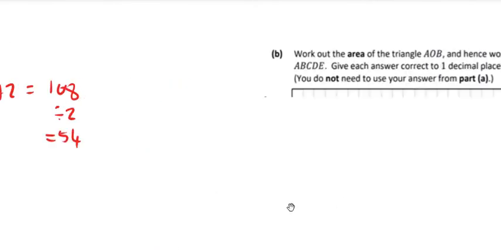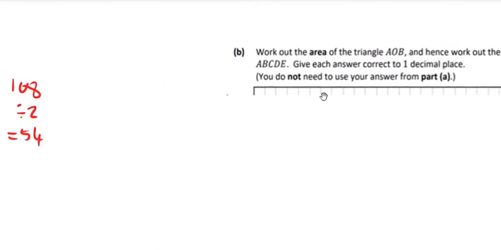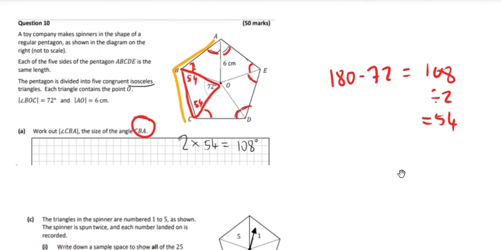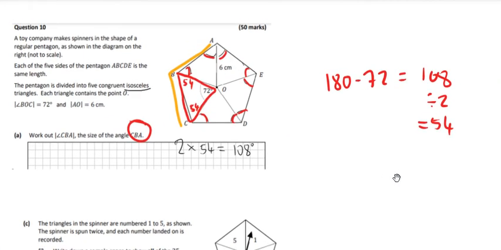Now we have to work out the area for part B, of just the triangle and hence the pentagon. You're thinking of the area of a triangle formula. We know that this is 6, so this has to be 6 as well.